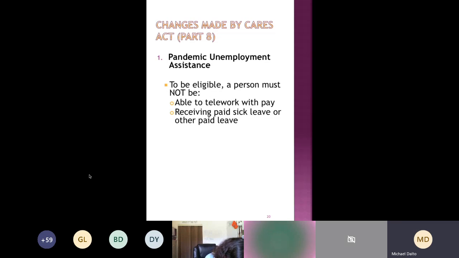Also, if they're receiving paid sick leave or other paid leave, and this would also include severance pay. So in other words, if somebody gets full pay, either through teleworking or paid leave, they won't qualify for pandemic unemployment assistance because they haven't suffered any financial hardship.